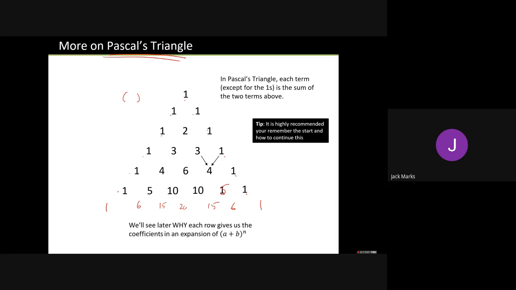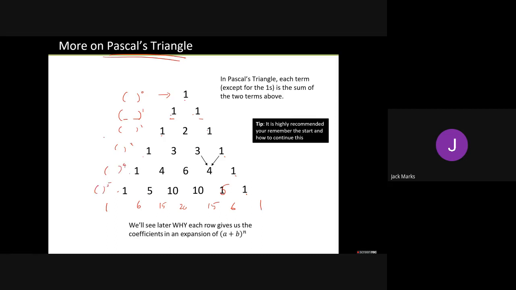Well, it means if I had a bracket to the power of 0, it would look a little bit like this. It would have one term, and that term would be 1. If I had brackets to the power of 1, with two pieces, it's called the binomial expansion. I would have two pieces, and they would each have a 1, and so on, and so on. We could keep going.